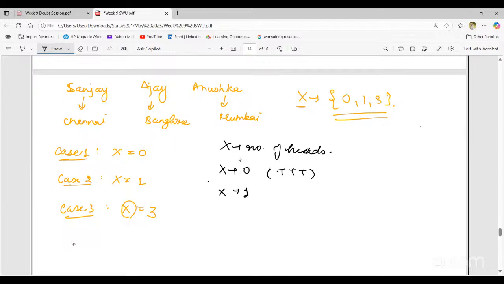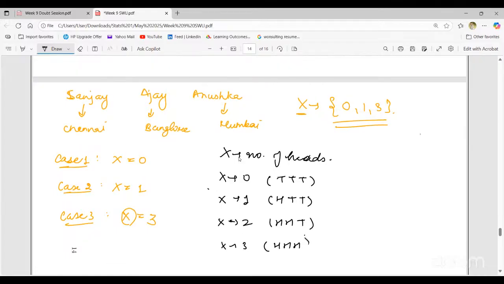That means I have 1 head, and in the remaining 2 tosses, I'm getting 2 tails, correct? Then X equals 2. That means I'm getting 2 heads, and in the third toss, I'm getting 1 tail. X equals 3 means in all 3 tosses, I'm getting heads, right?